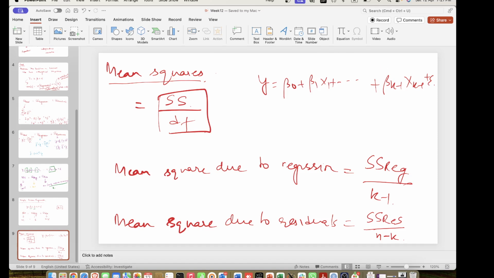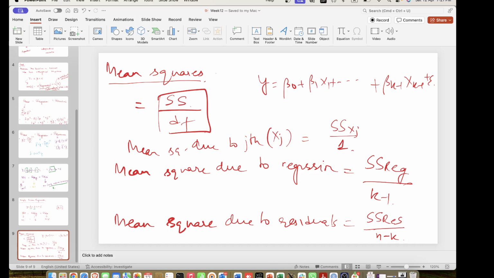And if I want to find out the mean square due to the jth x, or xj, that would be SS due to xj divided by 1. Okay.